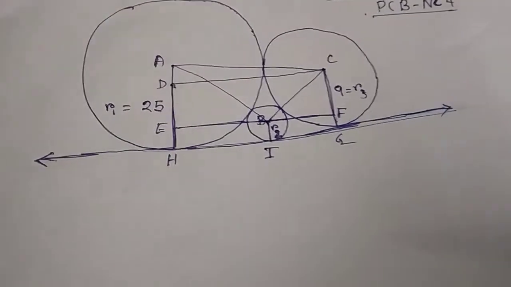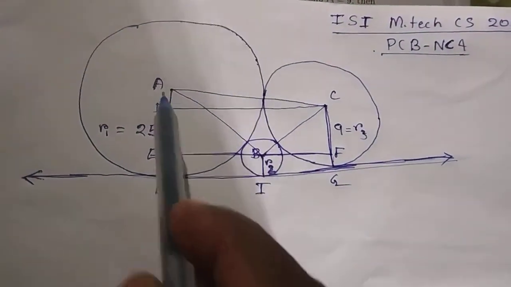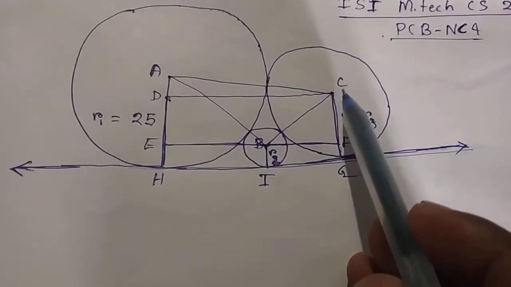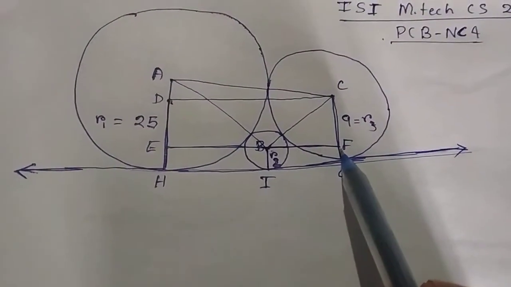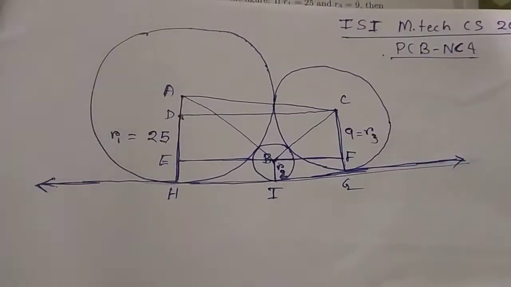Again, AEB is a right angle triangle. Then CBF is a right angle triangle. So we can use Pythagoras theorem here.